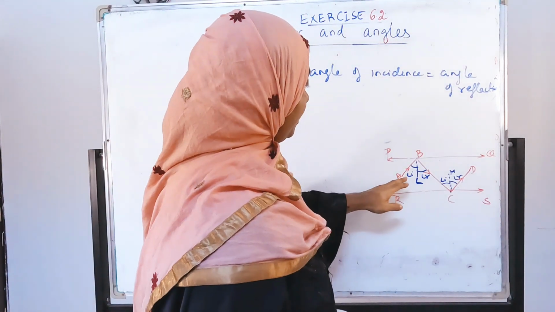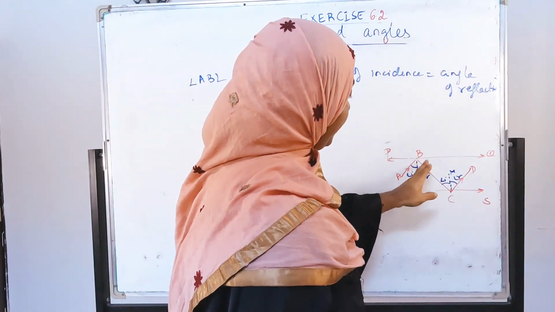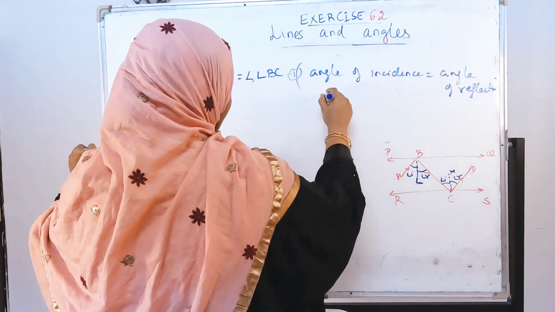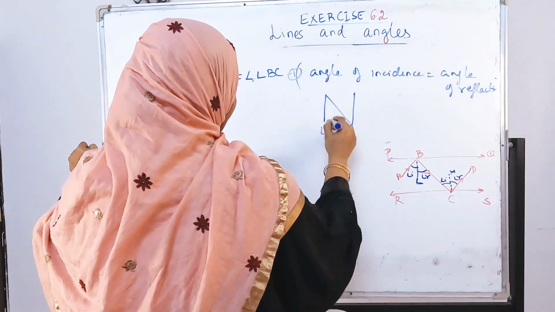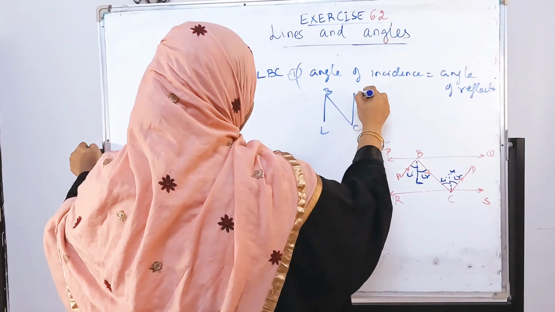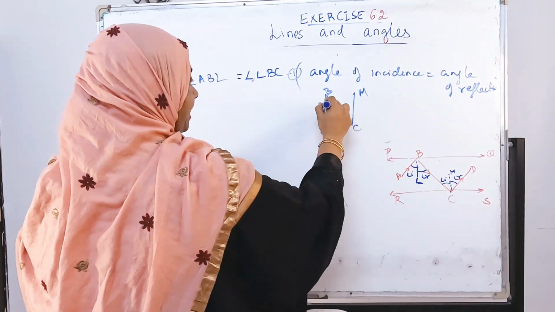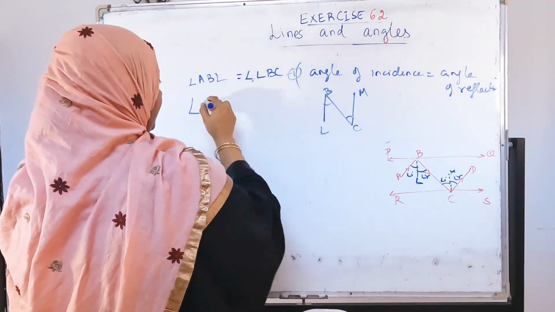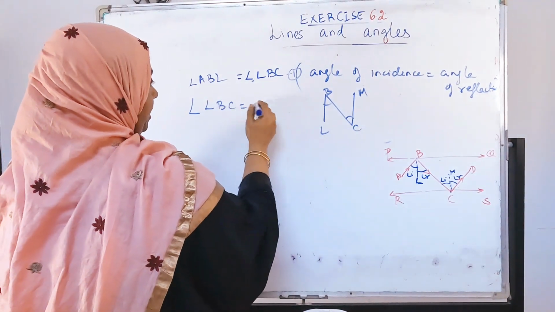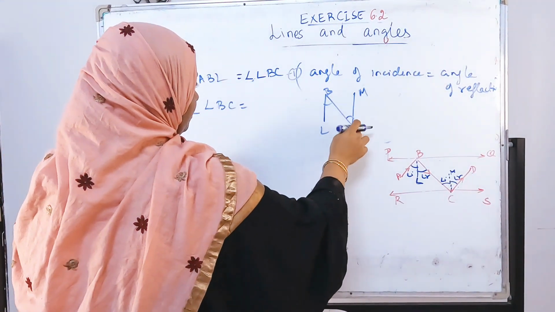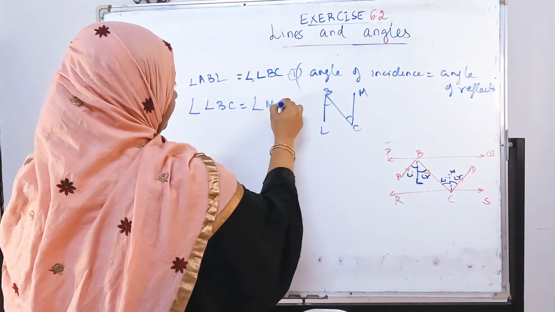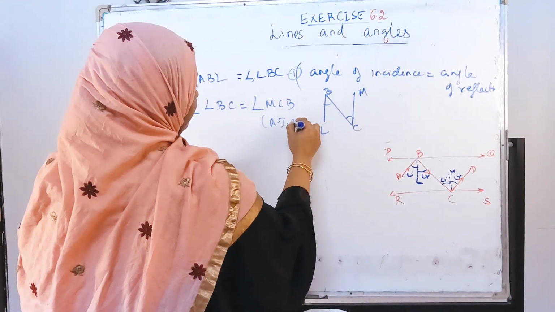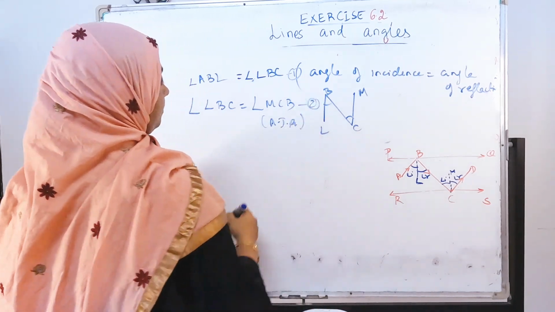Now we will take this part. LBCM, that only we will take. It is looking like alternate interior angles. So we will write angle LBC is equal to angle MCB. It is due to alternate interior angles. This we will keep as 2.